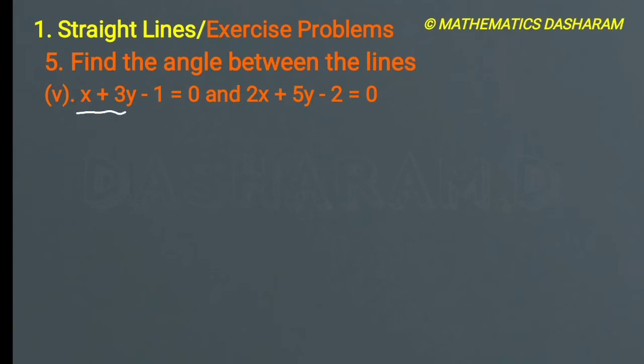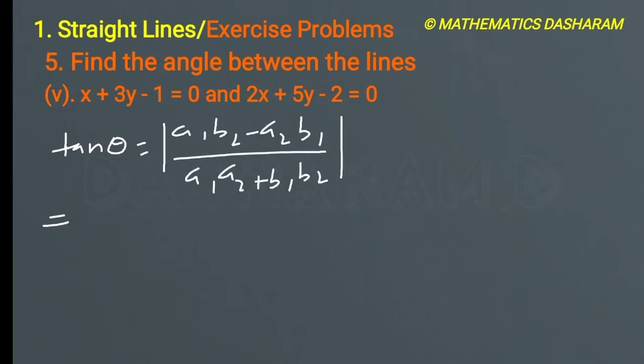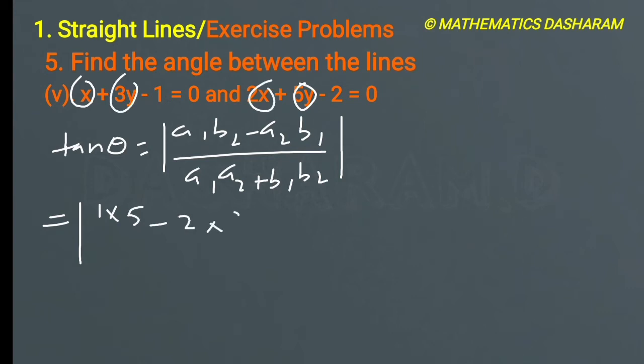Fifth question: x + 3y - 1 = 0 and 2x + 5y - 2 = 0. Both are in the standard form of a straight line. So the formula is tan theta equals mod of a1 times b2, with the x coefficient and y coefficient 5, minus a2, the x coefficient, times b1, the y coefficient, divided by a1 into a2, 1 into 2, plus b1 into b2, 3 into 5.